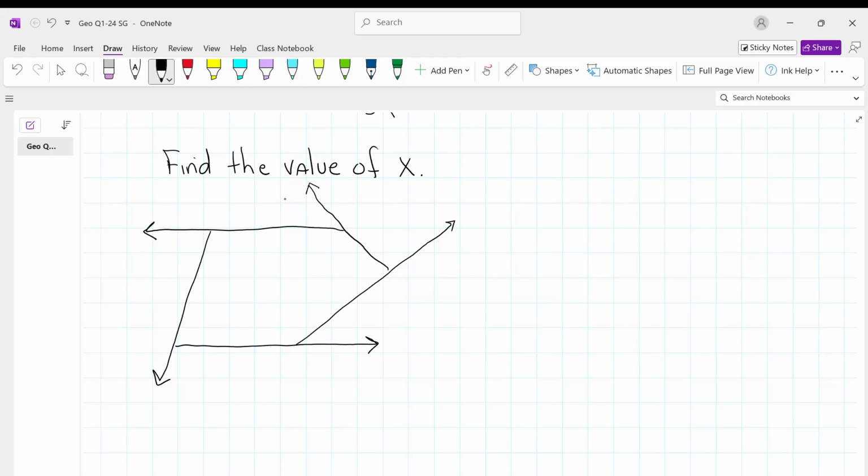So up top we got a 2x minus 5. And then a 3x plus 10. And I'm getting this off of the top of page 397 if it's easier to look in your book. 6x minus 5.